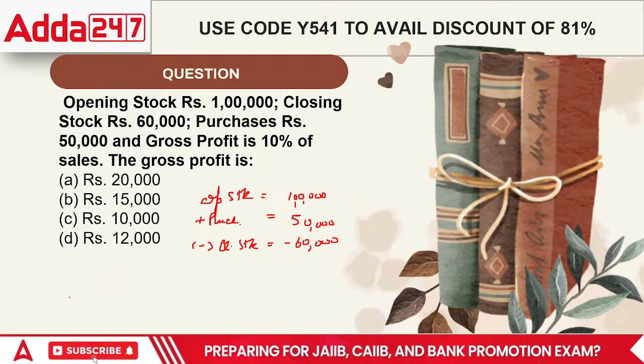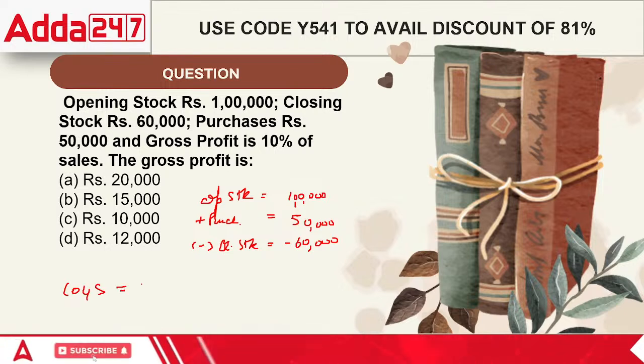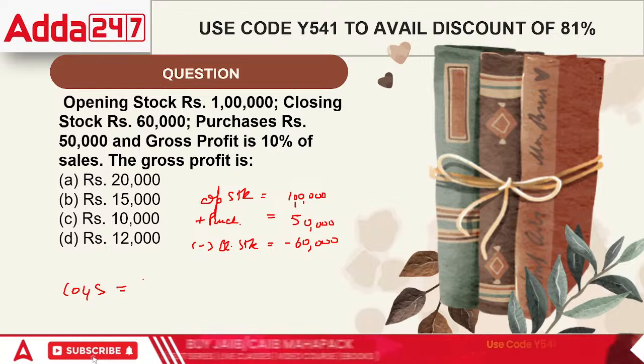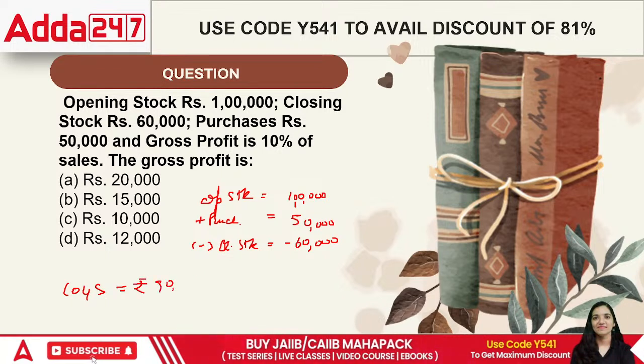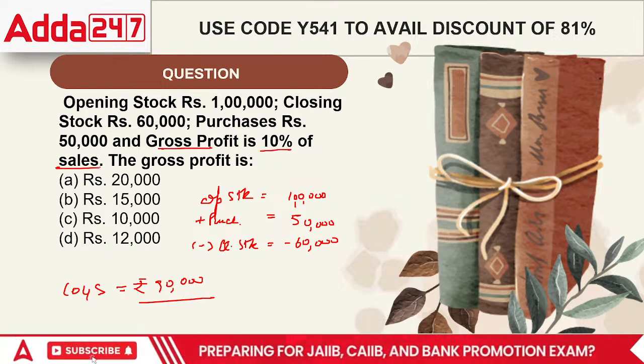So you can use the formula for cost of goods sold. In terms of the total cost, it would be 1 lakh 50 minus 60. Cost of goods sold is 90, and the question says that the GP is 10% of sales.